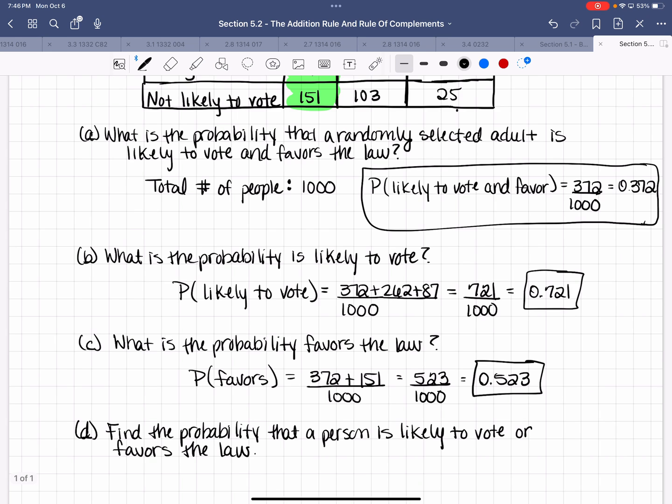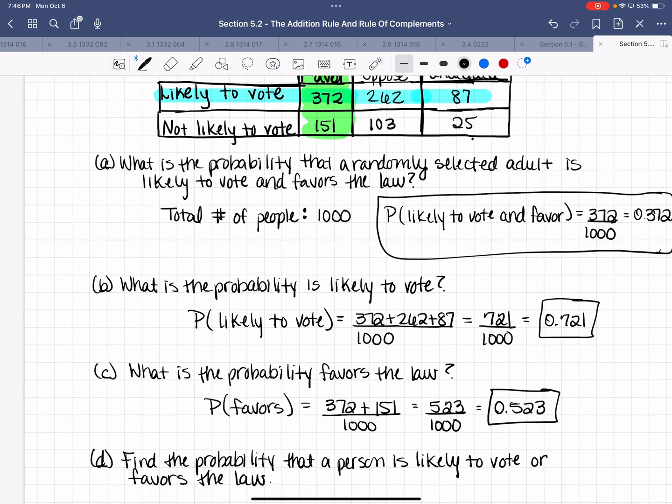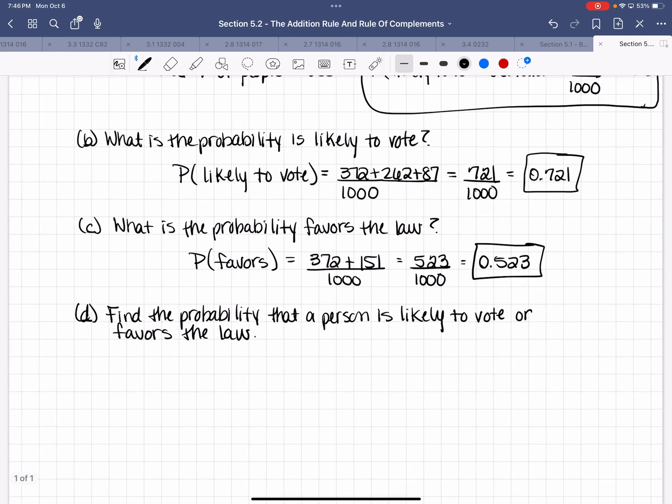So we're likely to vote or we favor the law. My question is, can we just add likely to vote and favors together? Let's think about it. Let's try that. Because it says you're likely to vote or you favor the law. That kind of means add here, okay? So let's see if that works for us.